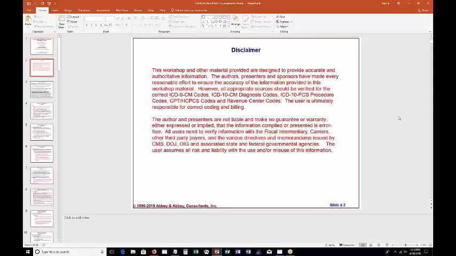If we go to slide number 2, this is a little disclaimer. As I say, and I'll repeat it again, you need to get multiple resources that say the same thing. Now, much of what we're going to talk about is interpretive language of the Code of Federal Regulations.